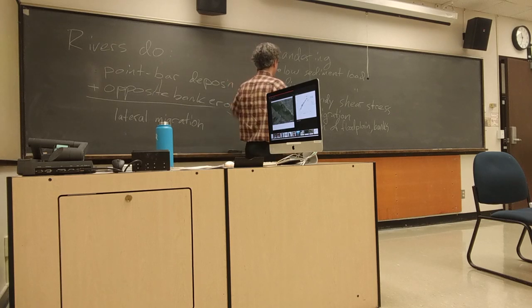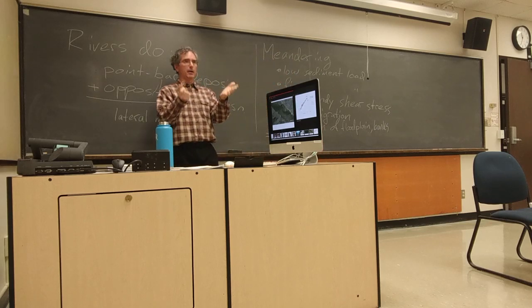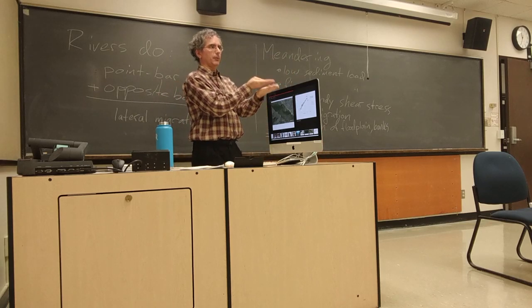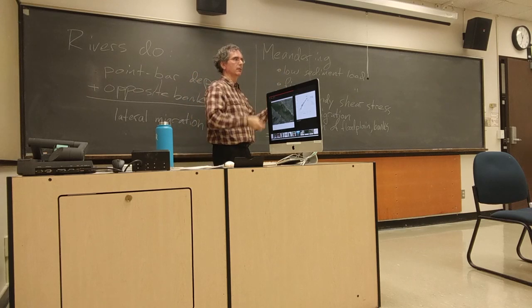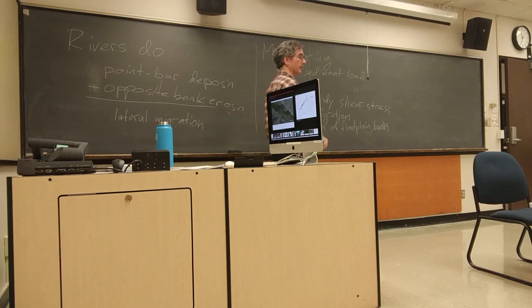And hence, effectively the material, the boundaries of the flow, both the floodplain surface and the bank, their strength is greater than the shear stress that the flow generally provides.